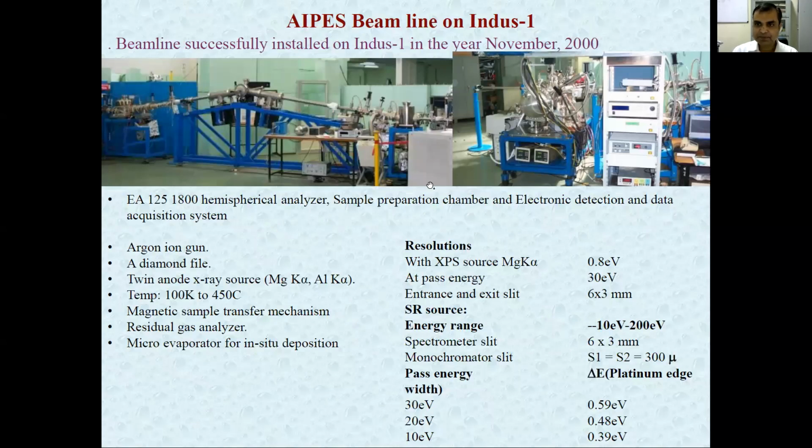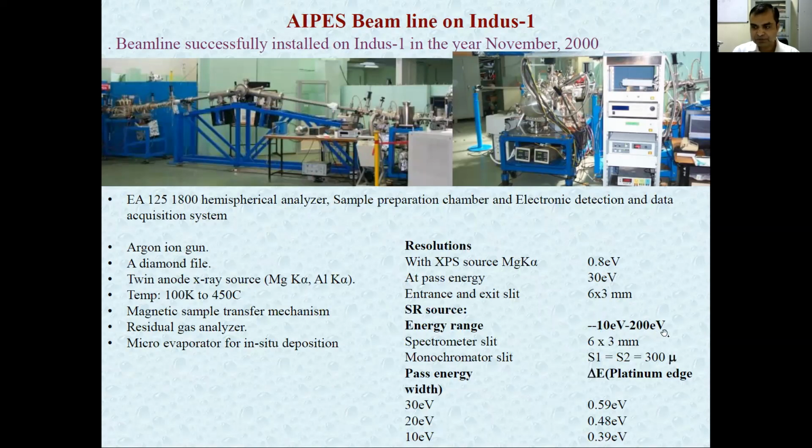So this experimental station is equipped with 2 X-ray gun, as well as it is connected with the synchrotron source. And in that synchrotron source, one can tap the energy range of 10 electron volt to 200 electron volt. And also one can vary the temperature from 100 Kelvin to 450 degrees centigrade. So one can do different sets of experiments using this photoelectron spectroscopy.